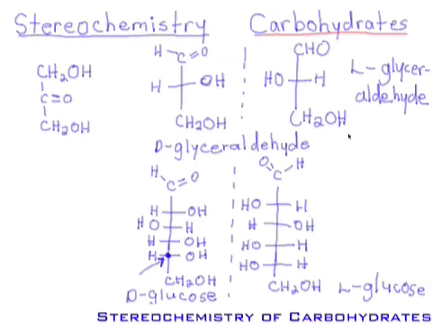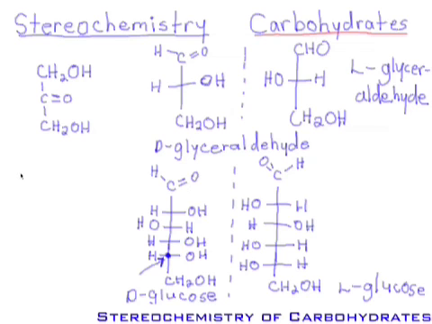All right. Now, the question is, how many stereoisomers do we get? You must remember that as we proceed in increasing the number of chiral centers, the number of potential stereoisomers increases. In glyceraldehyde, there is only one chiral center. When there is only one chiral center, there are two possible stereoisomers.